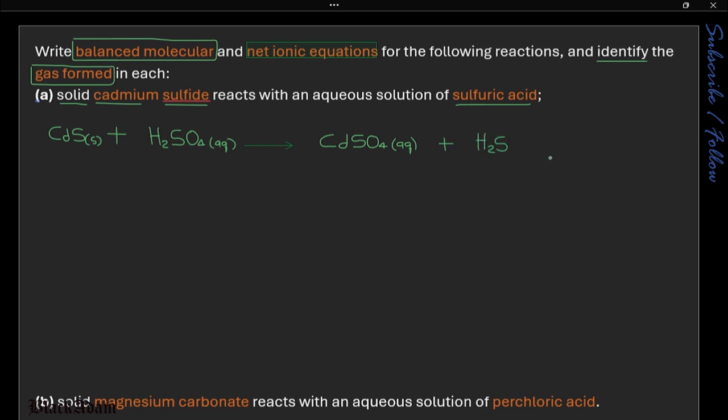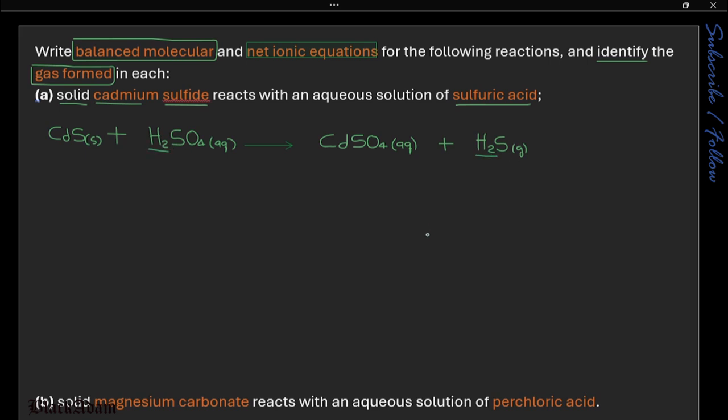Okay, so hydrogen sulfide has to be gas. In most cases it is a gas. We have the solid there, and everything is balancing, which means our equation is balanced.